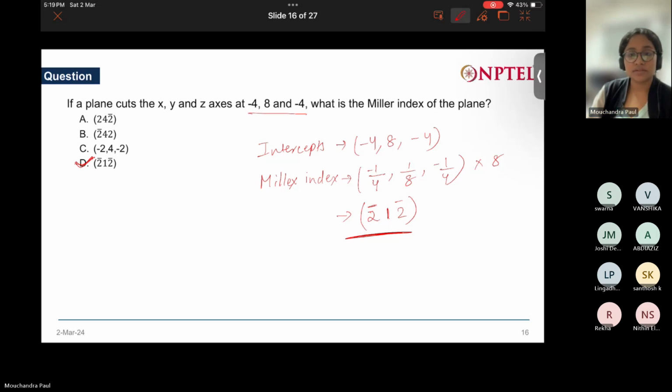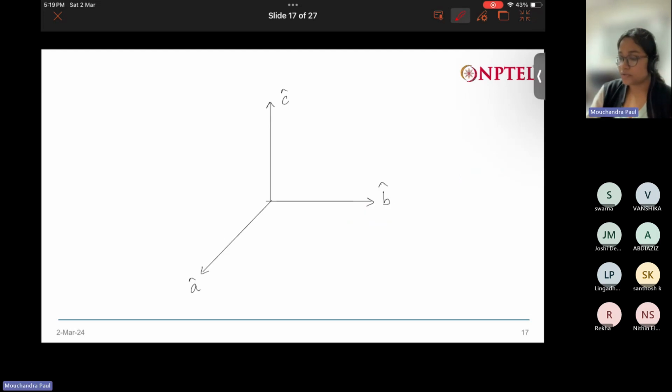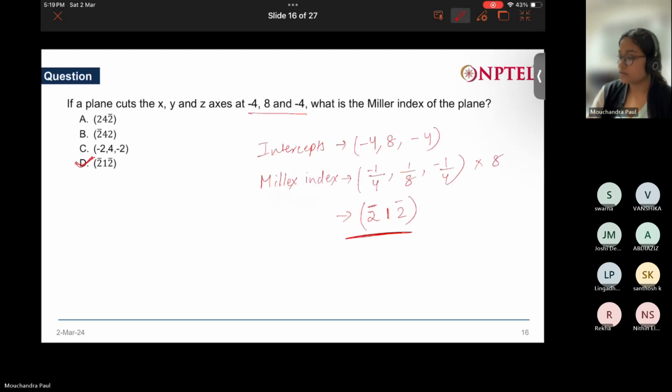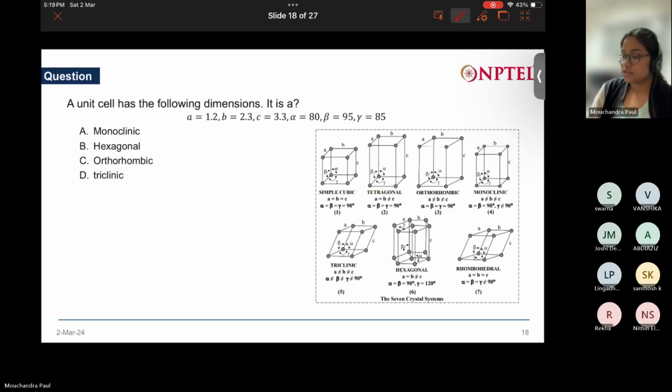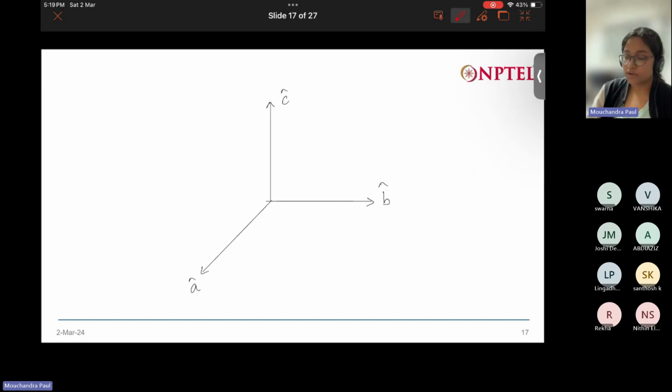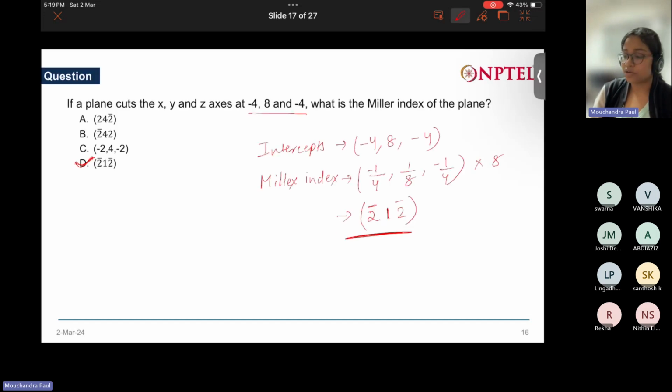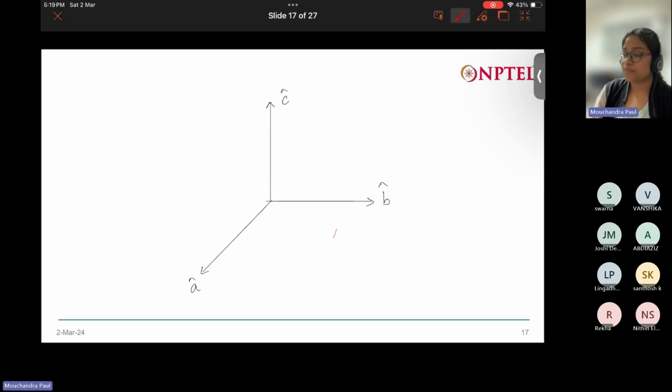No, right? You will again get a fraction. So you have to choose a value in such a way that you don't end up with a fraction, rather you should get integers. You can try yourself to draw that particular plane from these intercepts. So that is for you.